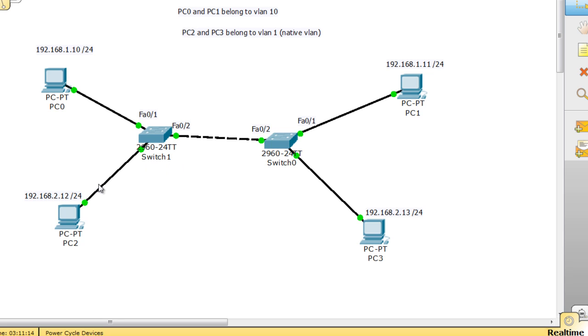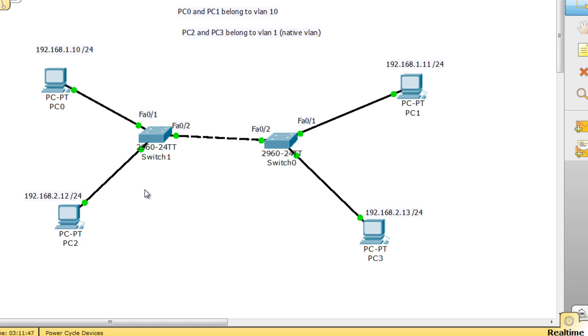What I mean by that is, in this demonstration up here, PC2 and PC3 belong to the native VLAN, which is VLAN 1. So when PC2 sends a frame to PC3, when the switch receives this frame, it's going to look at the VLAN number. It's going to know that the frame is VLAN 1. And since VLAN 1 is the native VLAN, the switch will say, I don't need to add a tag because it is the native VLAN.